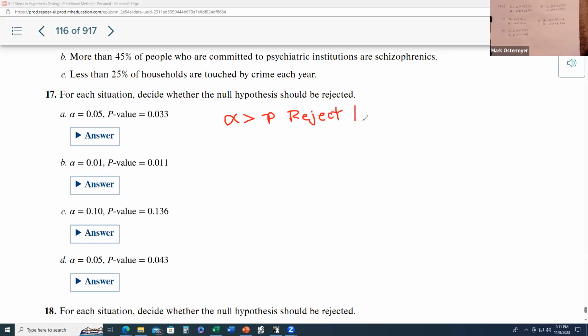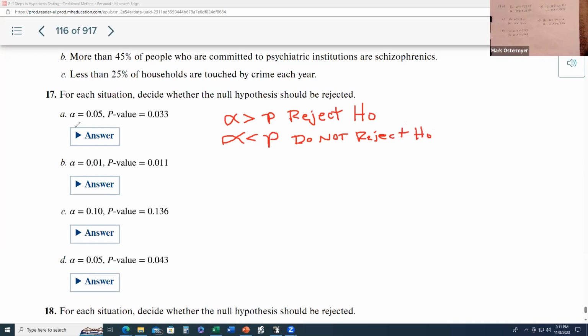If, on the other hand, that is not true, if your level of significance is smaller than your p-value, in other words, you got a large p-value, you do not reject the null. Okay, and that's all you need to remember. And you're in business. And so these problems really should be quite simple here.